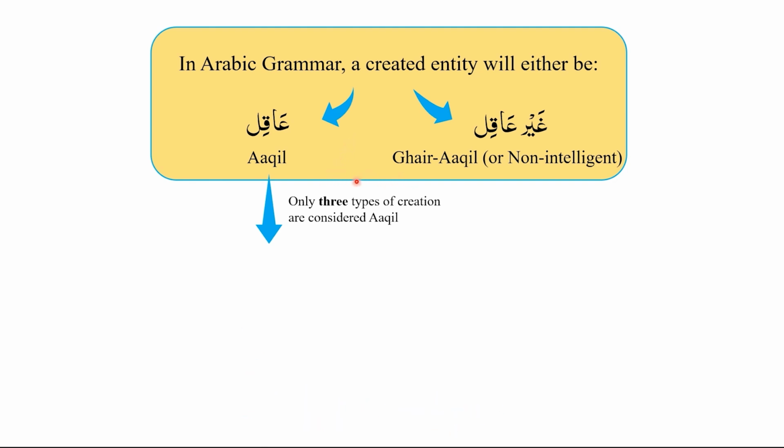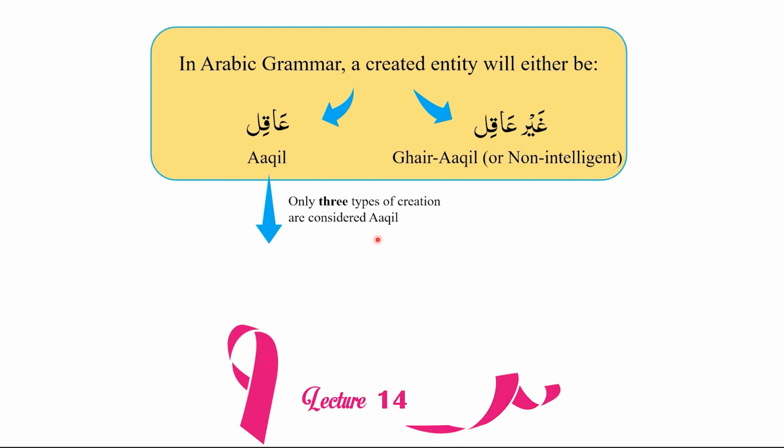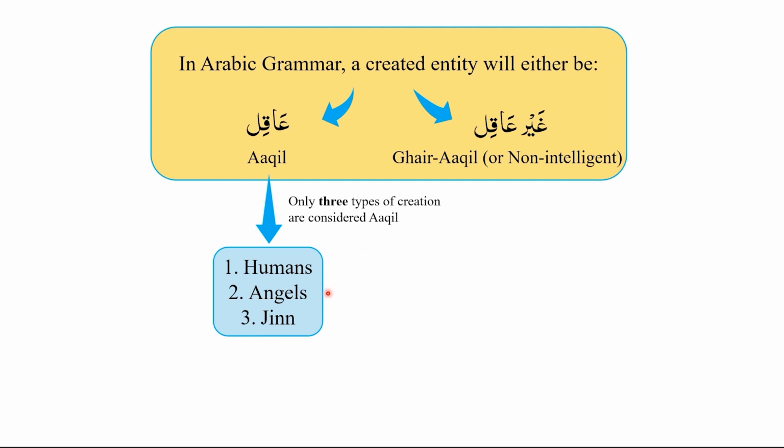These 3 types are humans, angels, and jinn. Once again, a created entity will either be classified as Akil or intelligent, or Ghair Akil or non-intelligent.